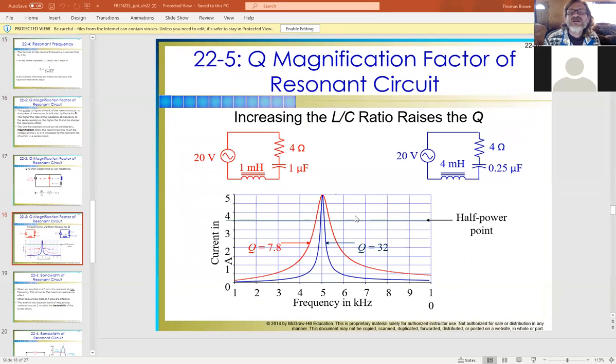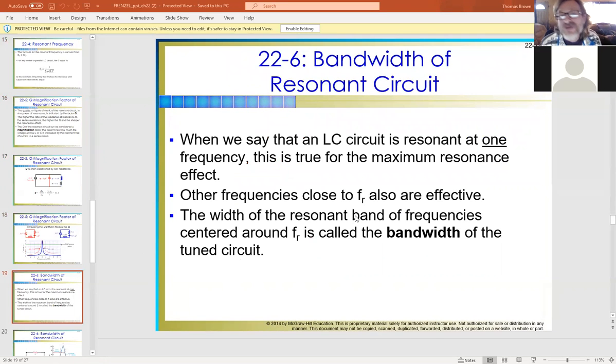Sorry, scrolling through there. So when we do that, we establish one particular frequency. Now, if you recall from the graphs, this can be due to our Q factor. Some components work well and some work better than others.